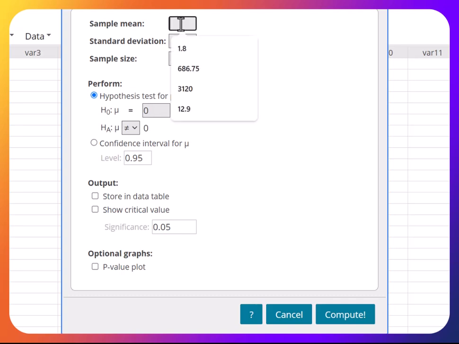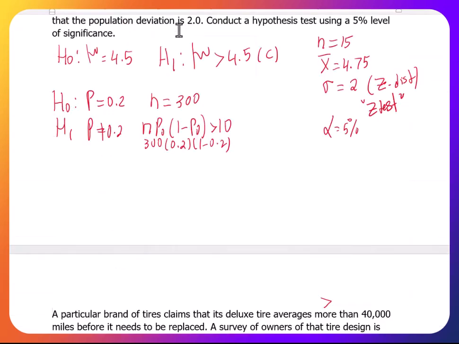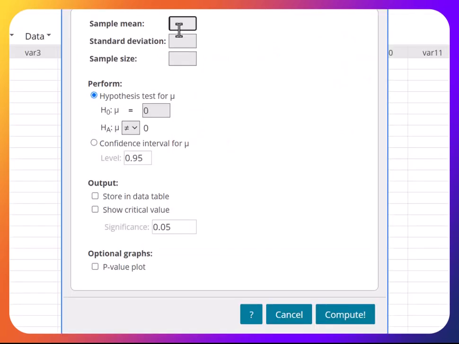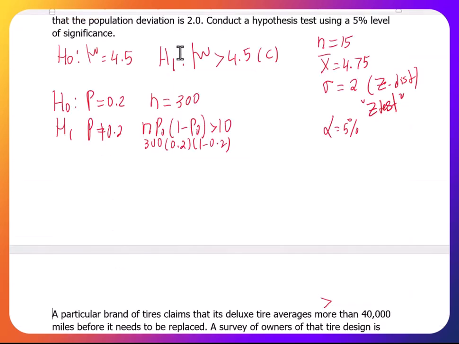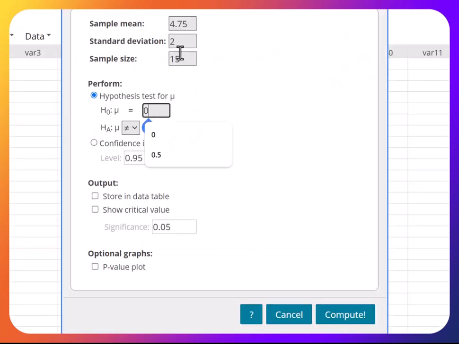Sample mean was, let me go back, 4.75, standard deviation was 2, population standard deviation. Sample size is 15. And we're testing against 4.5. And we want to test if the mean is higher than 4.5.